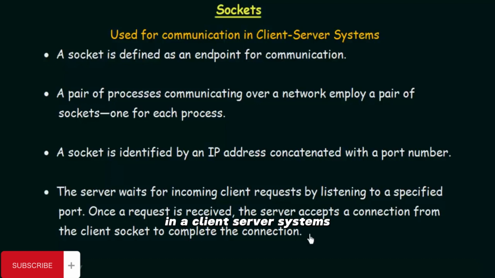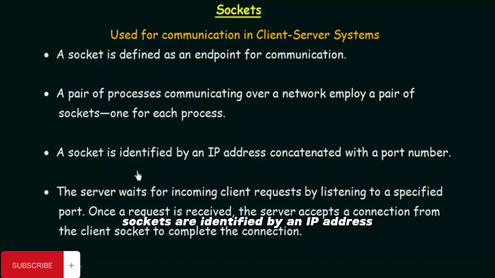In a client-server system, the client asks for information from the server, and the server gives that information to the client. For the client to communicate to the server, and the server to communicate back to the client, there needs to be a connection between them. To establish this connection, we are going to use sockets.